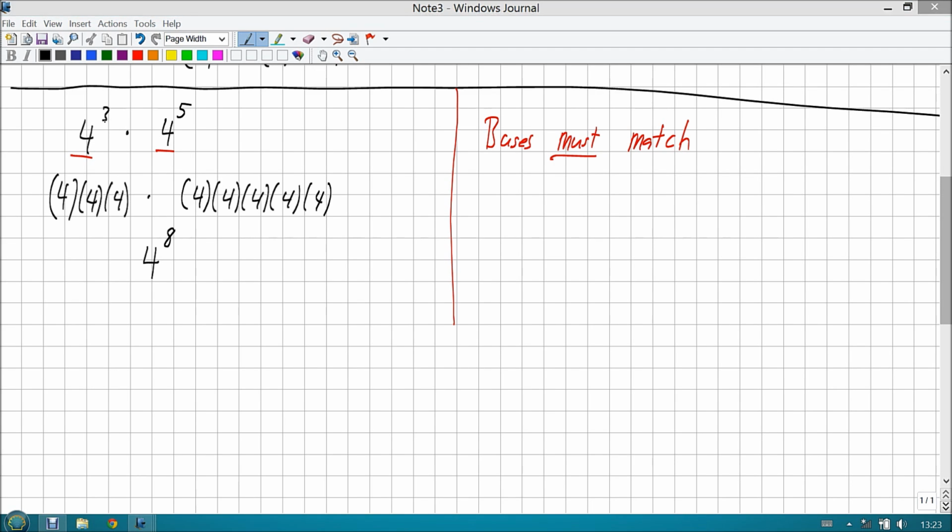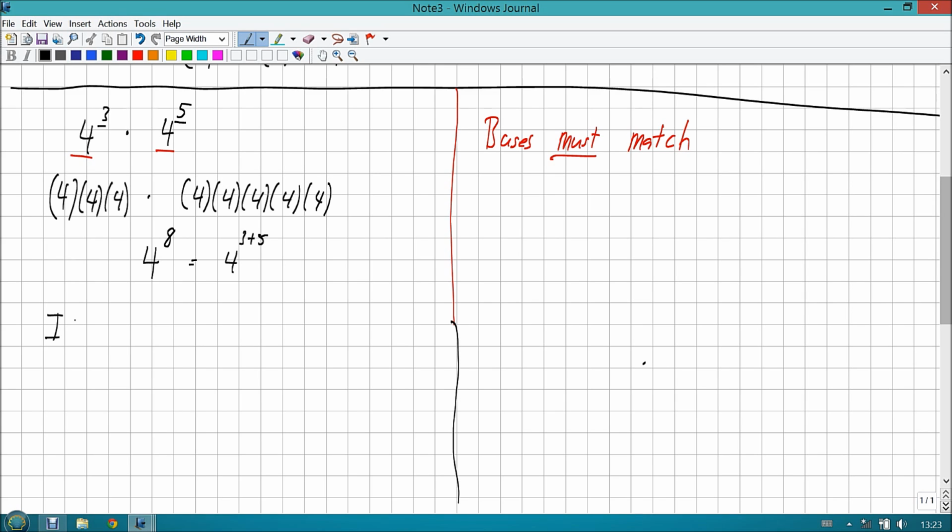So how is 8 related to 3 and 5? If you said, Mr. O'Neill, 8 is the same thing as 3 plus 5, I would say you're absolutely correct. So what do you think we do when we multiply two things with the same base together? We add the exponents. Very good. Excellent.